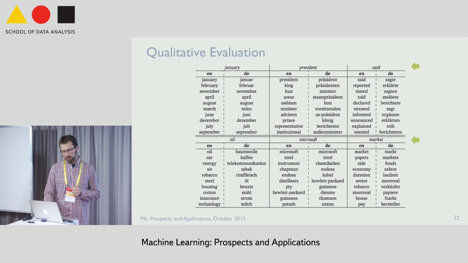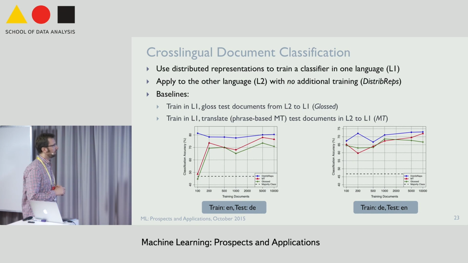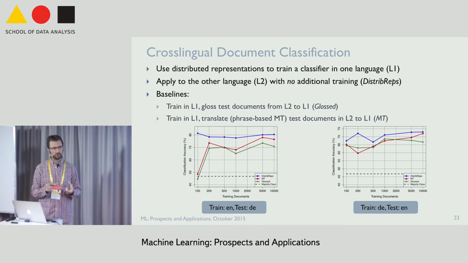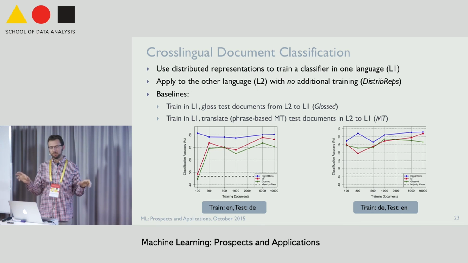And then the other toy experiment. We have these representations we induced. Then we're going to use them as features for multilingual document classification tasks. So we'll assume that we have training data in one language and no training data in another language.